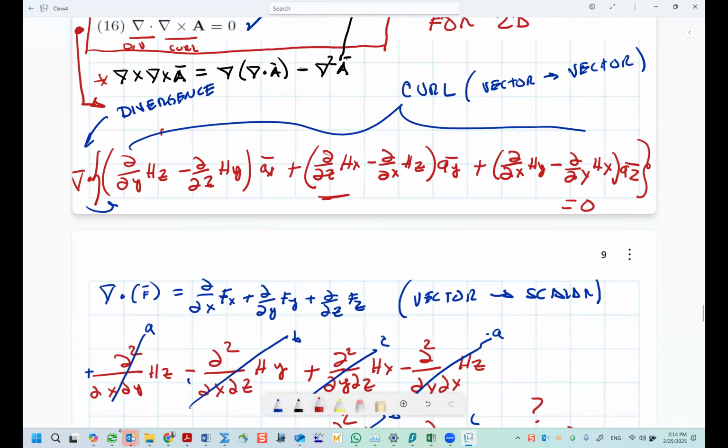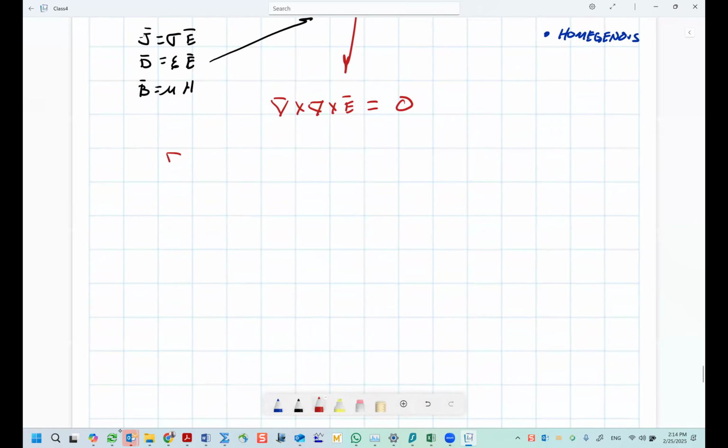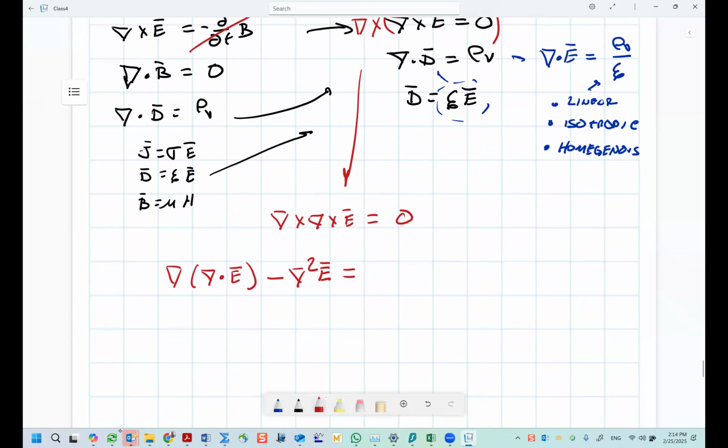So it's going to be that this is the gradient of the divergence of E minus the Laplacian of E equals 0. Okay.